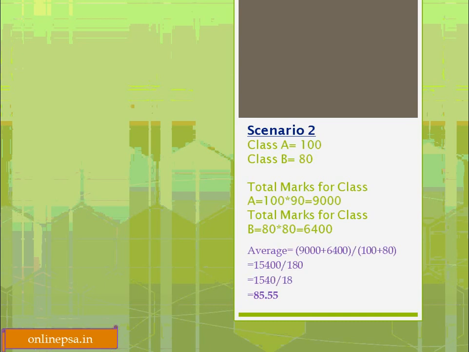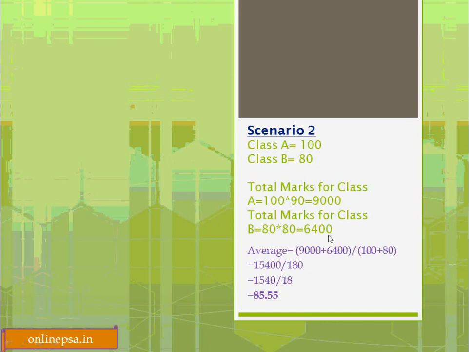Let us take the second scenario where we have assumed class A and B to have 100 and 180 students respectively. The total marks for class A will be 100 multiplied by 90, which is 9000, and the total marks for class B 80 multiplied by 80, that is 6400.